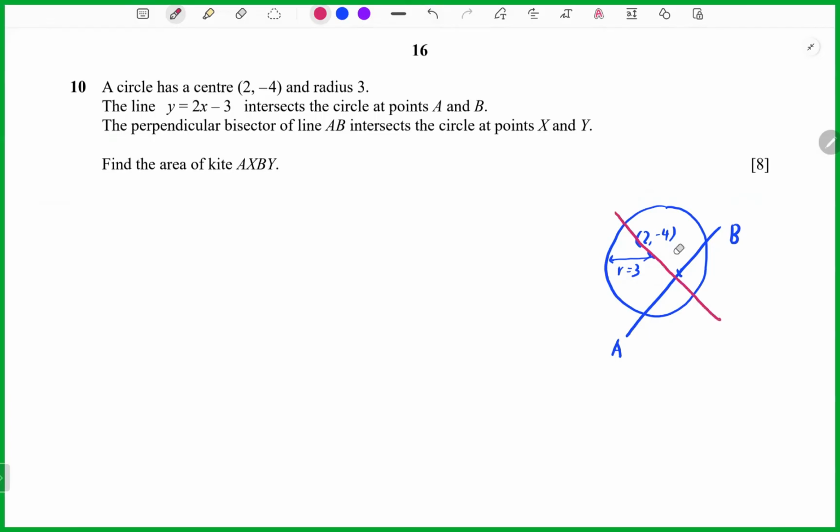We're crossing here, so here is your midpoint.